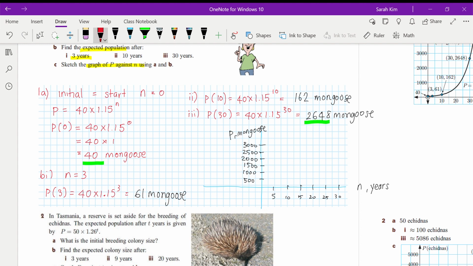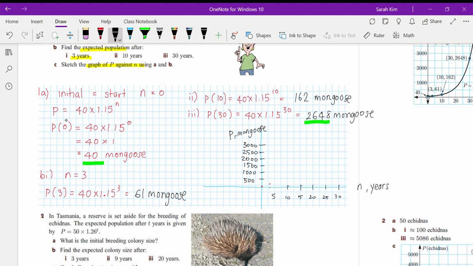Right, now all I have to do is draw the dots. So when my n is 0, my P was 40 mongoose, which is essentially really at the bottom compared to 500. Alright, so when my graph is at n equals 3, which is about here, my answer is 61 mongoose, so it goes up just a little bit.